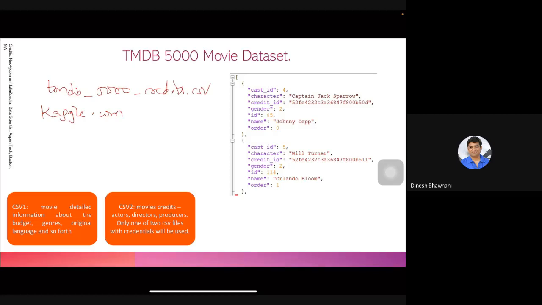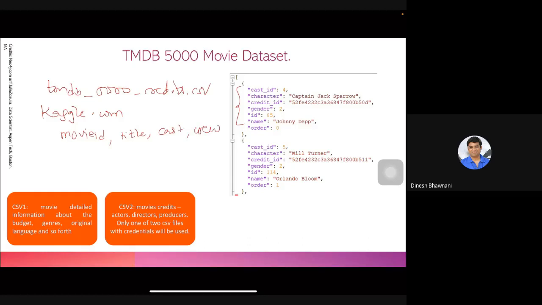Okay. Each row of the file will contain, as you can see, all these JSON key value pairs and similar tags and all. So there will be movie ID, title, cast, crew, and so on.